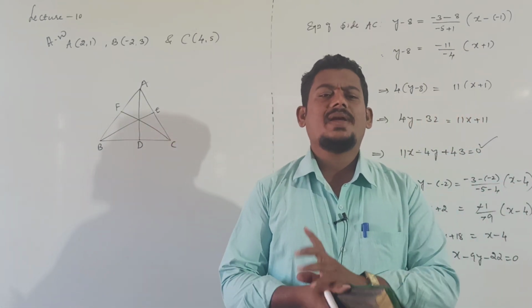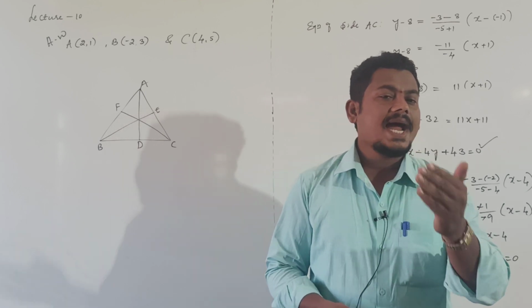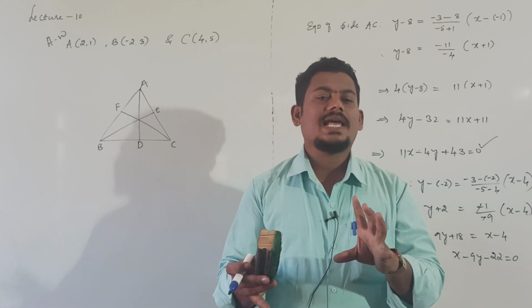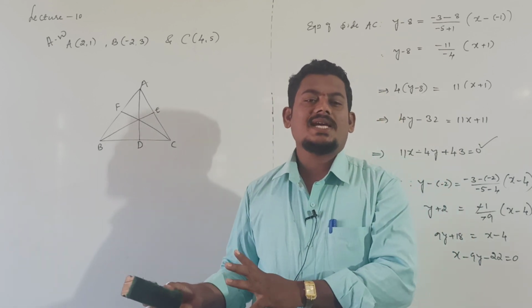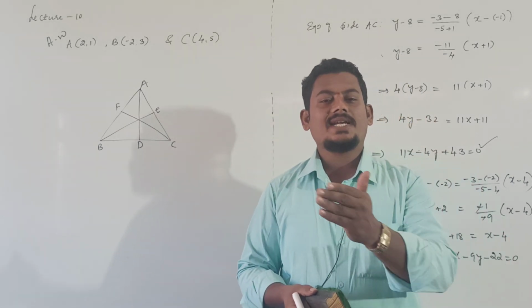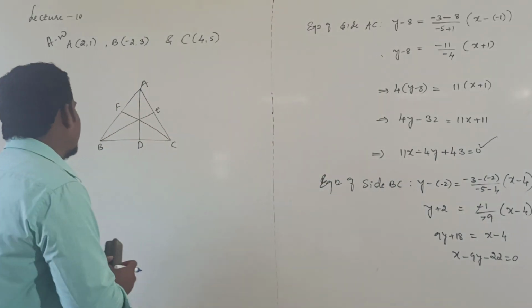Yes. Median means a straight line passing through one vertex and the midpoint of the opposite side. Any straight line passing through one of the vertices and the midpoint of the opposite side, then we can say that it is a median of the triangle. Then what is the altitude?